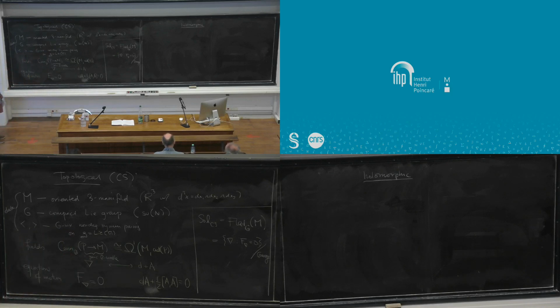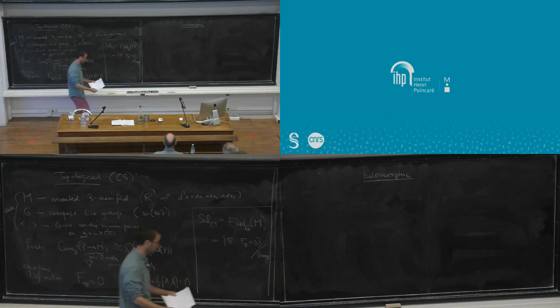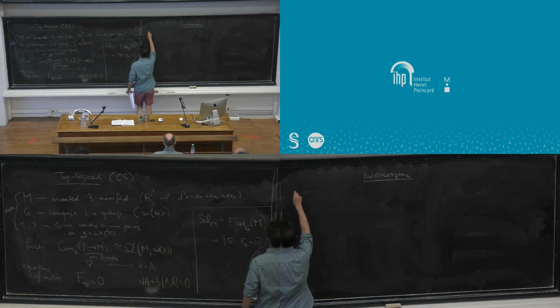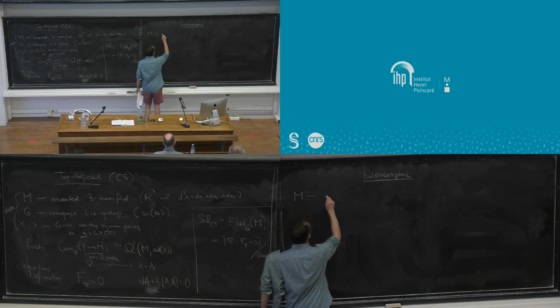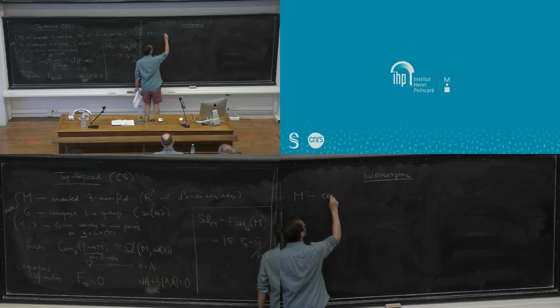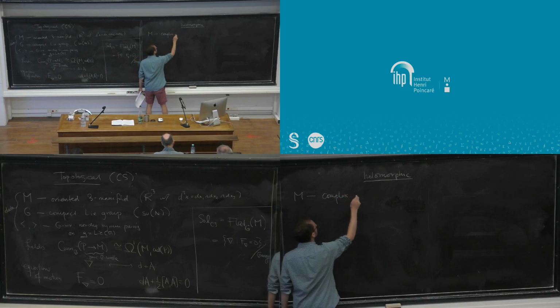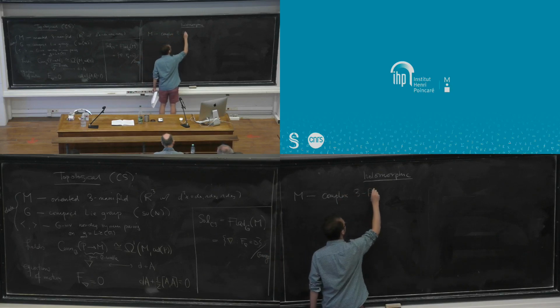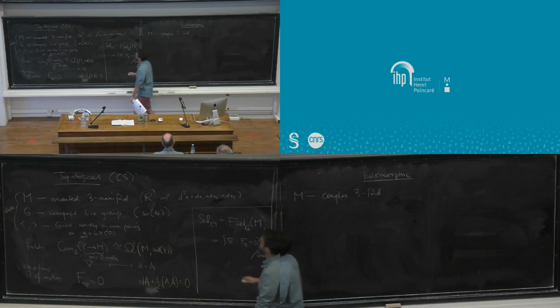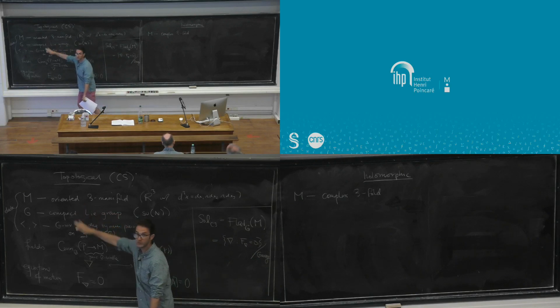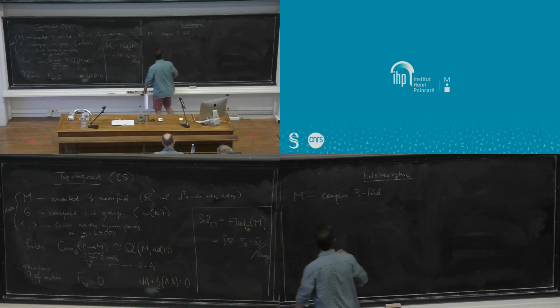Okay. So let me describe the holomorphic side. So what we're going to do is promote things that are sort of traditional differential geometry to complex differential geometry. So M now is going to be a complex threefold. And I'm going to replace the notion of orientation with having a holomorphic volume form.